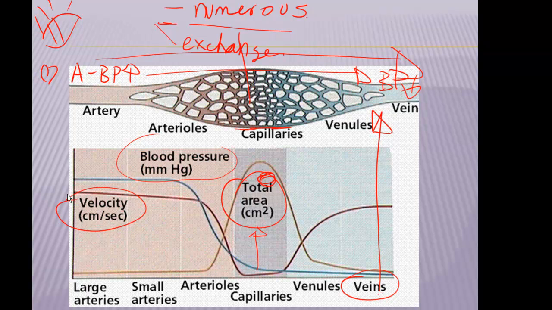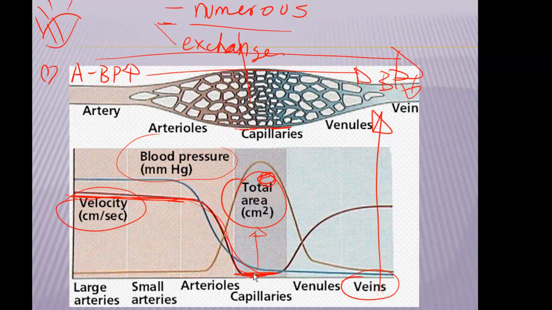Just quickly looking at velocity. Velocity is high in our arteries and decreases as we move across the capillary beds, and you could think of a hose, right? When you put your hand right up on the hose, you can create a lot of pressure. As the water moves away from you across the lawn, if you're spraying your hose, the pressure decreases, the water moves slowly.